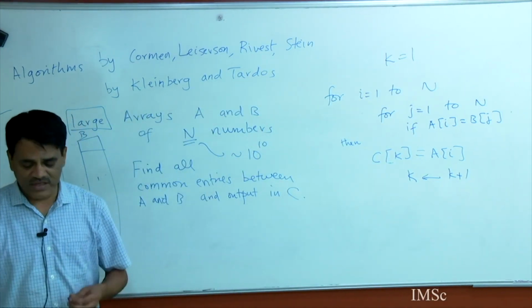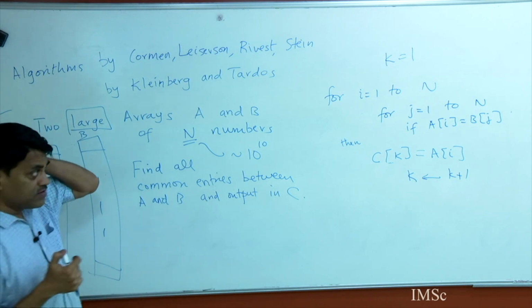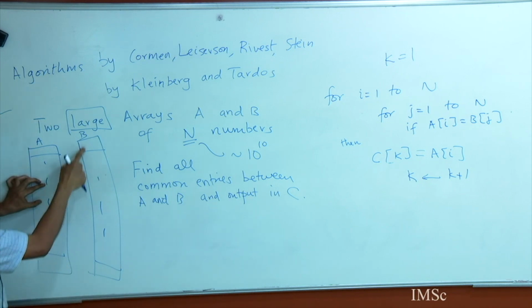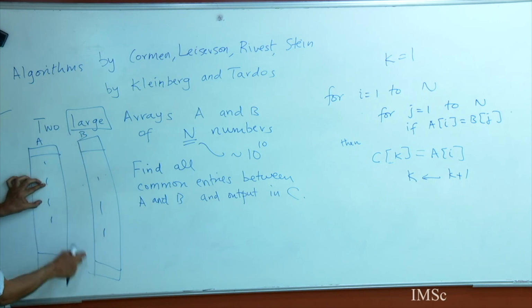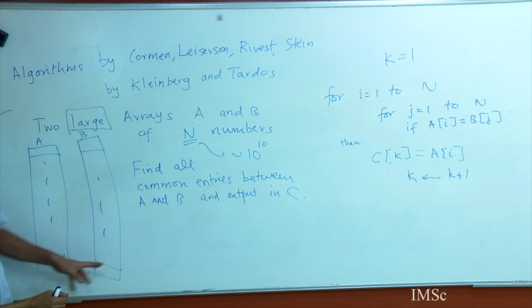Now this is more or less a complete, well-specified algorithm. So what it's doing is that for every ith entry in A, it runs over all values of B, and the moment I find something equal to that, I output it in C.